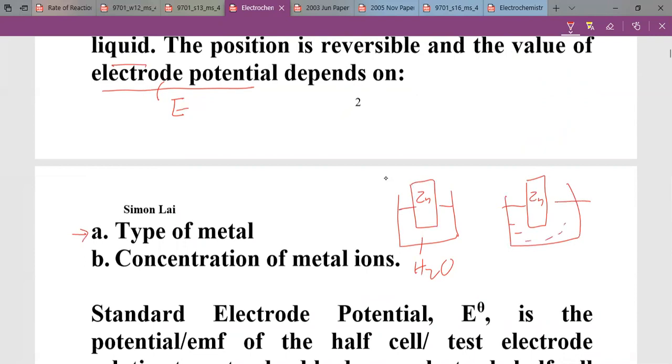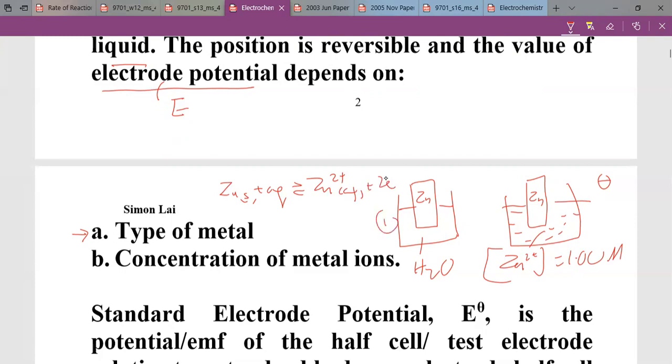Normally, as I said afterwards, the standard here refers to the zinc 2+ in this water being 1 mole per dm cube, molar. So in this case, the equation is Zn solid reversible Zn2+ aqueous plus 2 electrons. If it's reversible, in the first case more will come out.